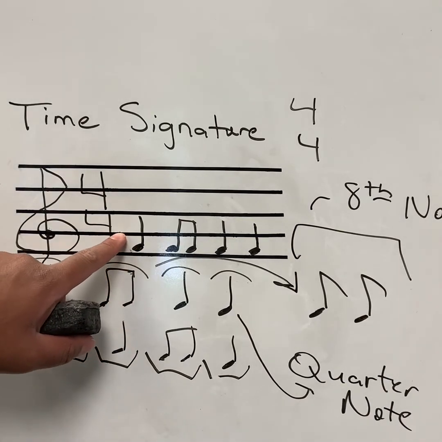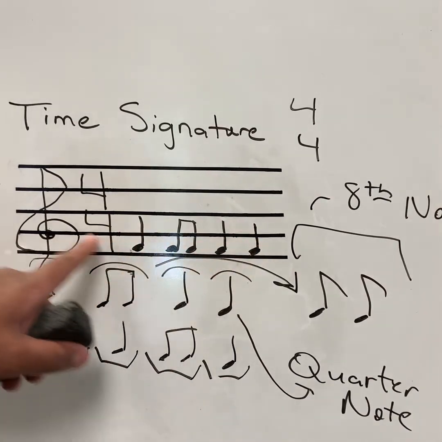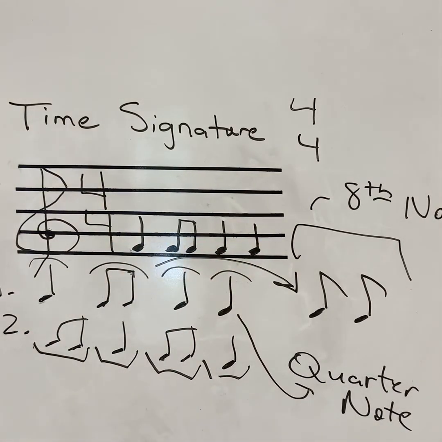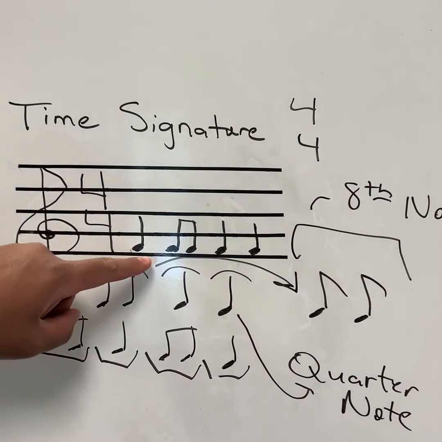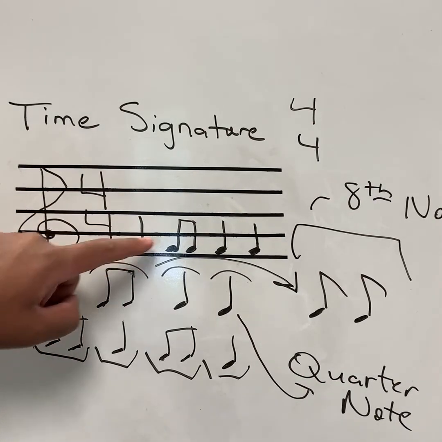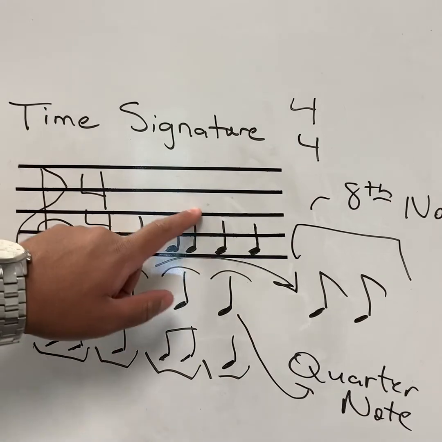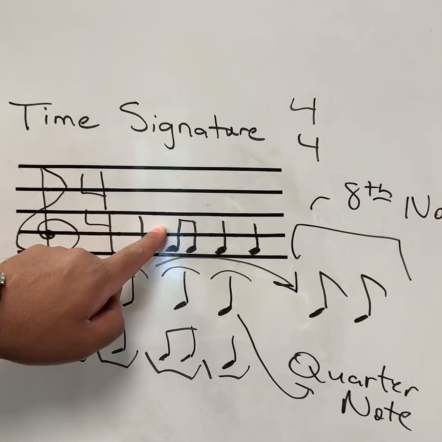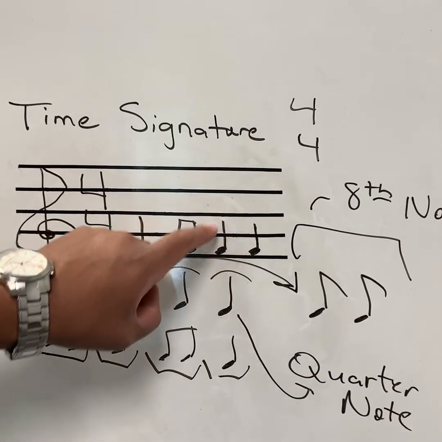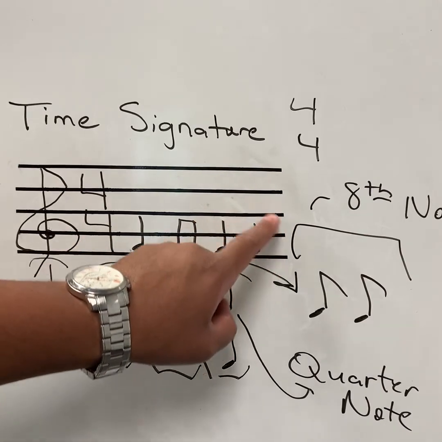So, now we're going to see how all of this equals up to our time signature, which is 4/4. All right, and let's count it again. That's one beat here. That's another beat. These two eighth notes together, so that's 2 beats so far. 3 and 4.